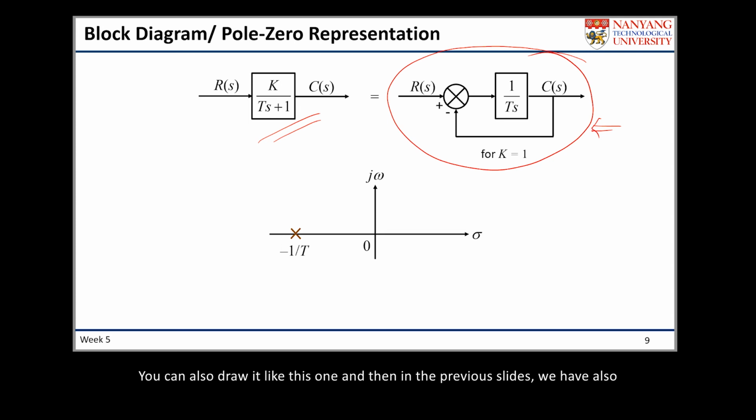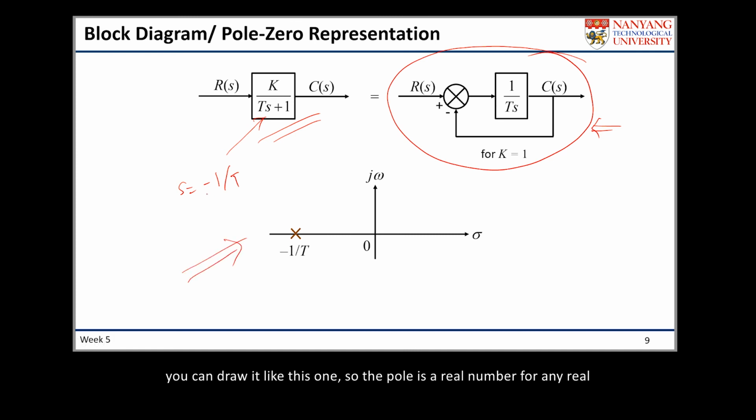And then in the previous slide, we have also discussed that for this particular system, the pole of this system will be equal to negative 1 over t. If you want to represent this pole location in the S-plane, you can draw it like this one.